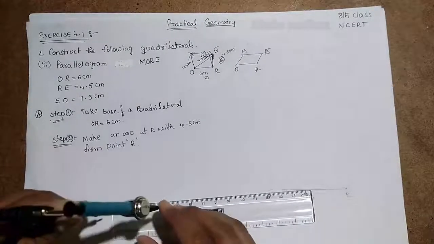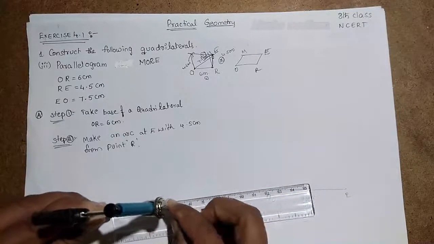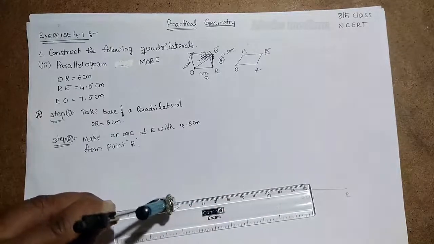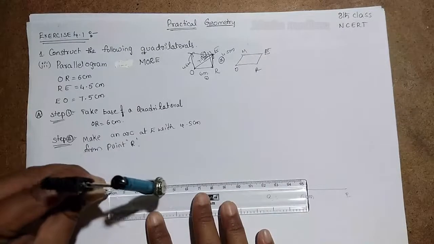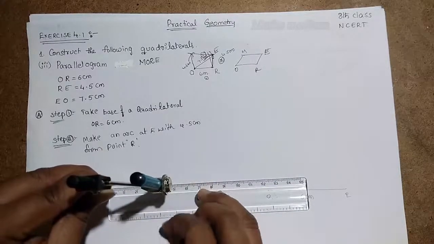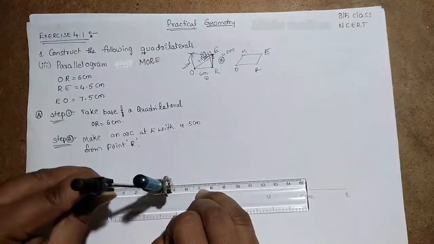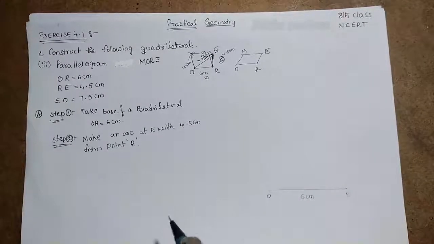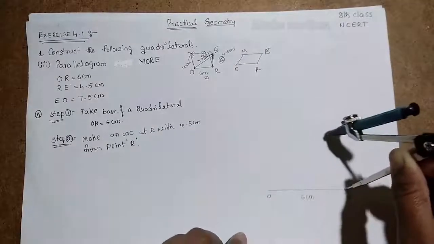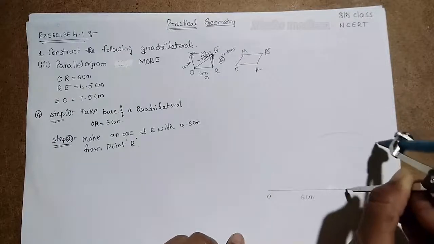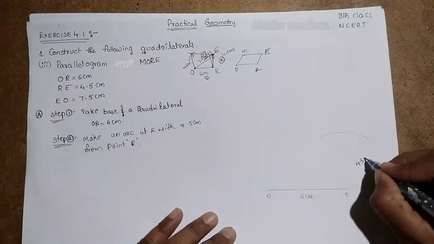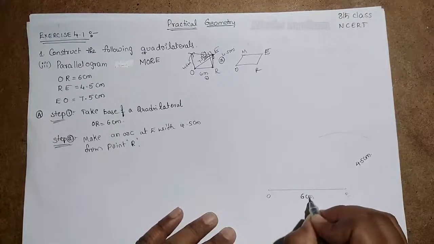Put the compass at 0 and measure 4.5 centimeters, making sure there is no position error, so that it is exactly 4.5 centimeters. Let's start with point R and make an arc of 4.5 centimeters, that is E. We have to find the point E. So this is an arc with 4.5 centimeters. Okay, this is 6 centimeters.